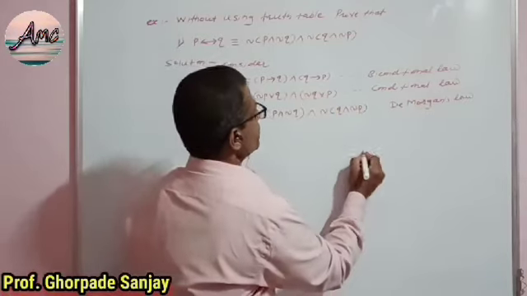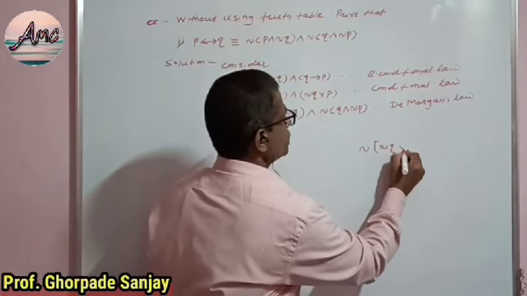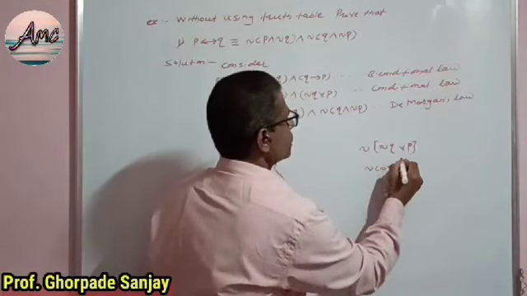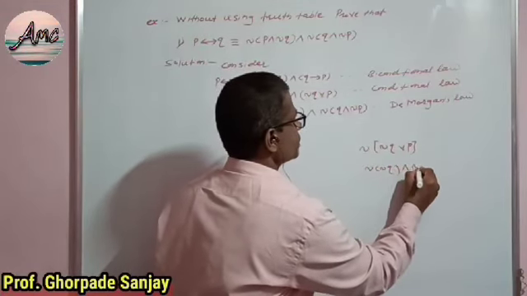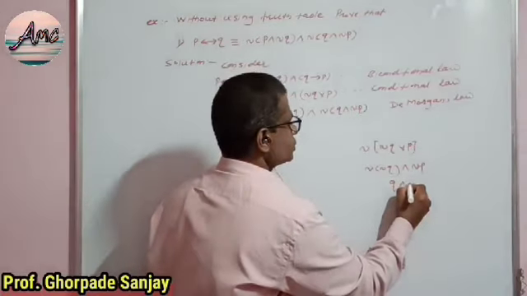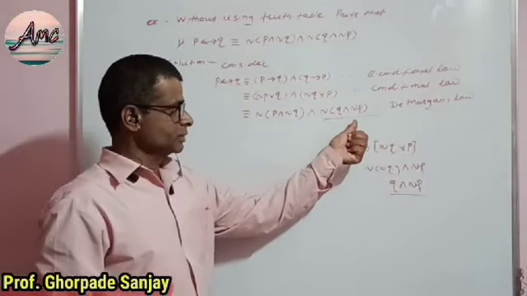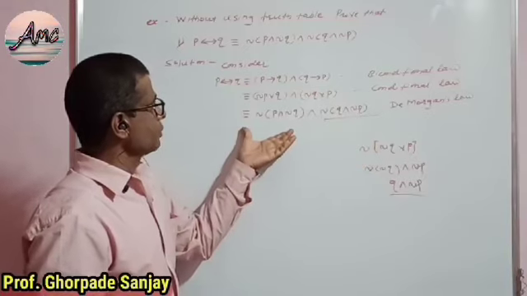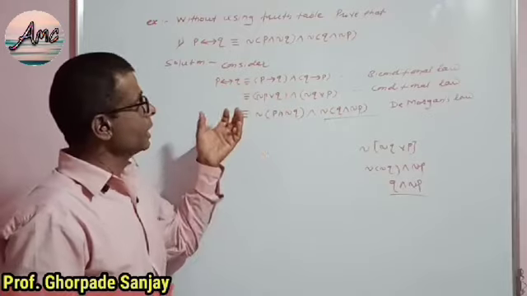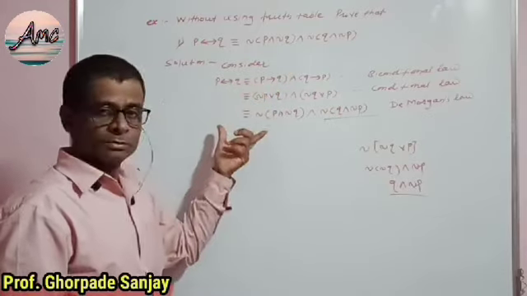So when you take the negation of this negation of Q disjunction P by De Morgan's law, the disjunction changes to conjunction, take the negation of each. Negation of Q is what? Q conjunction negation of P. So you will get negation of Q conjunction negation of P. So this is nothing but your right hand side. So this is the proof without a truth table. So by using the algebraic laws of statements, we have proved this.